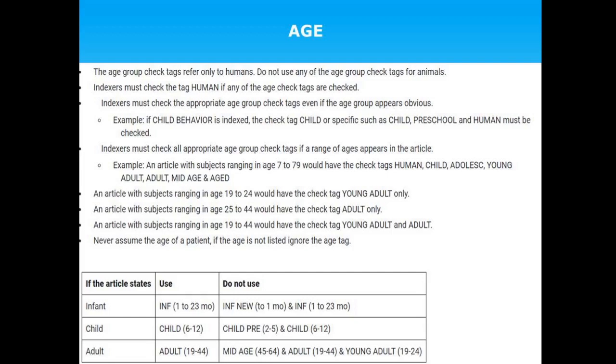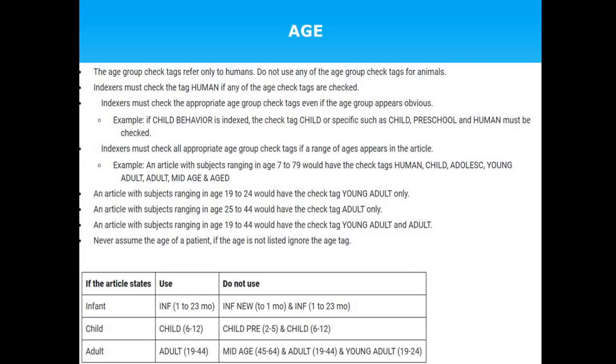You have to be specific whether it's child, preschool child, or adolescent. Here it is talking about child, and human should be there. Human is a common factor. Human should be there whether it's adult, child, adolescent, or infant; everything falls under the common category of human. So human should be a check tag, and depending upon the nature of the subject the article represents, you have to add the check tags accordingly.